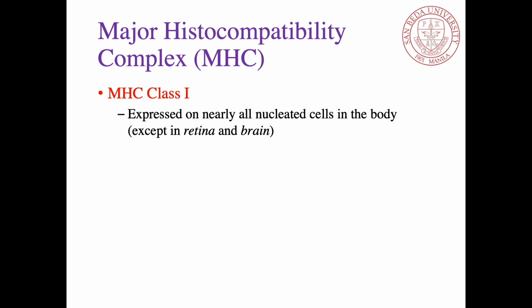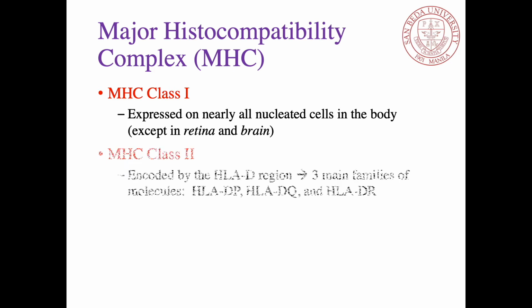As I mentioned in passing earlier, there are two important classes of MHCs. You have MHC class 1, which is expressed in nearly all nucleated cells in the body, maybe except for the retina and the brain. There's also MHC class 2, which is encoded by the HLA-D region in our genome. Under this group, you have three main families of molecules: HLA-DP, HLA-DQ, and HLA-DR.